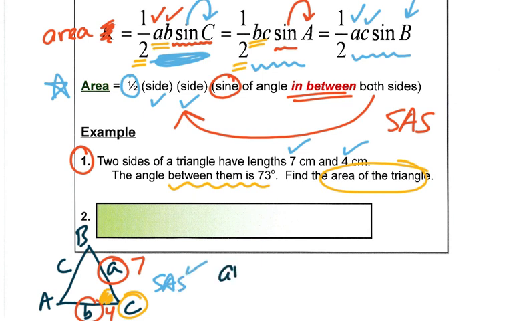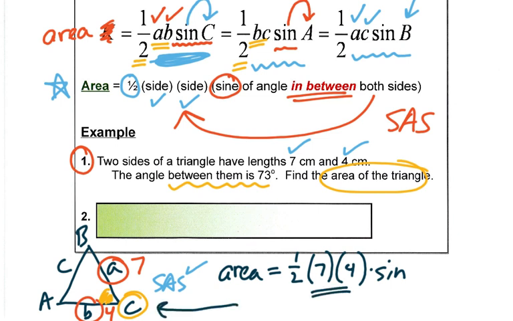The area of this interesting triangle that's not a right triangle, so I can't do 1/2 base times height, is the new formula: 1/2 one side, which is 7, times the other side, which is 4, and we multiply by the sine of the angle in between those two sides. And the angle in between those two sides is angle C, and that was 73 degrees.